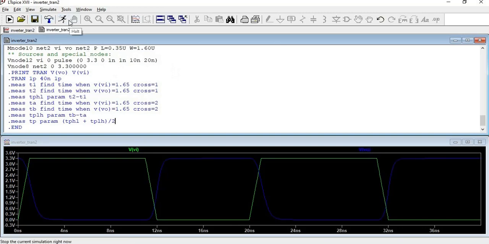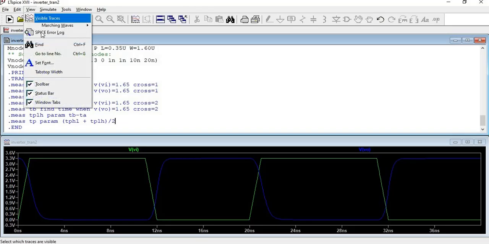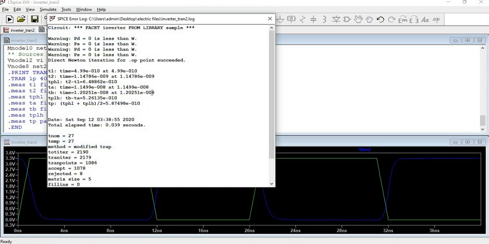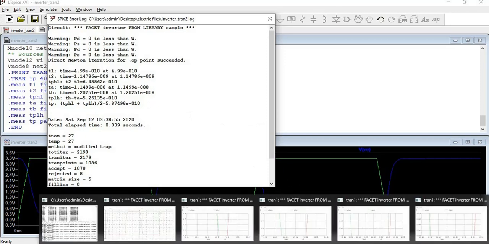Then going to run. Again, you can only see the result of your measure command using view and SPICE error log. So you now have these results from your LTspice. Let us compare it to the result we get from our Winspice.